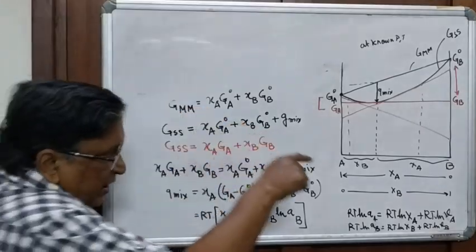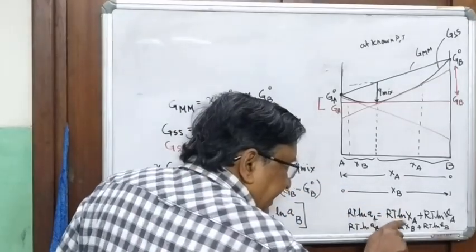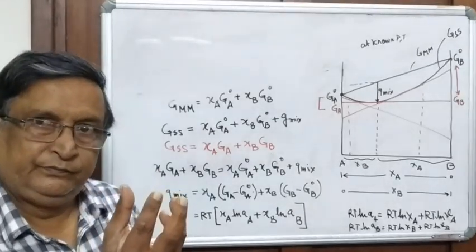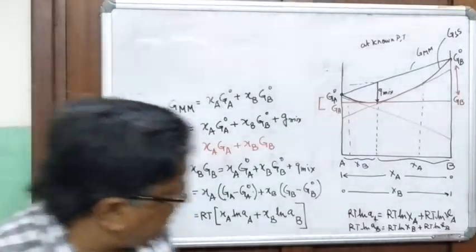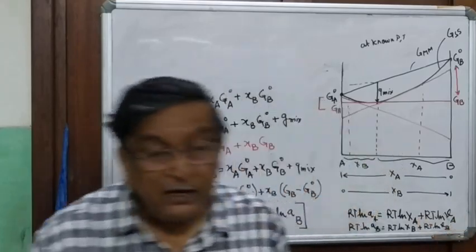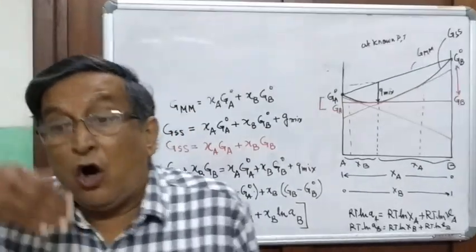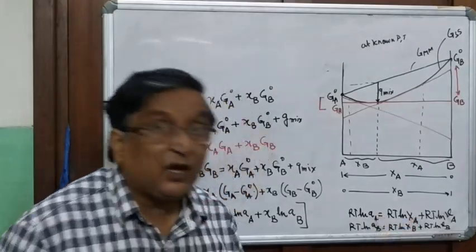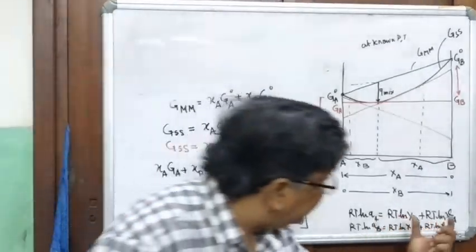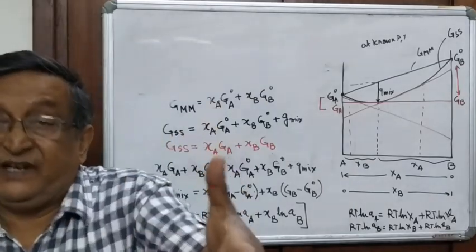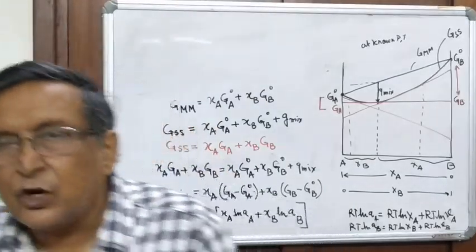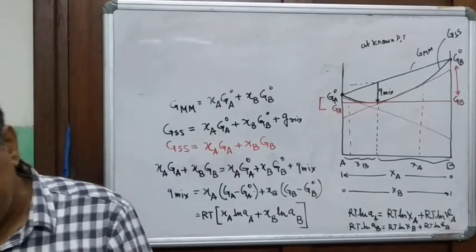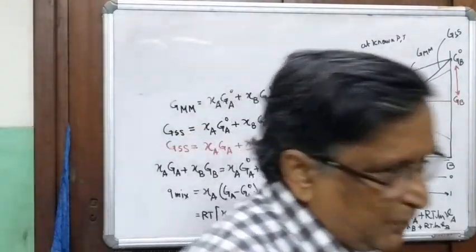So what is RT ln XA? It is the effect of ideal mixing. Have you understood? And what is RT ln gamma A? Non-ideality, or excess over ideal mixing. This is because of ideal mixing, and this is called excess mixing. Have you understood? That's very, very important.